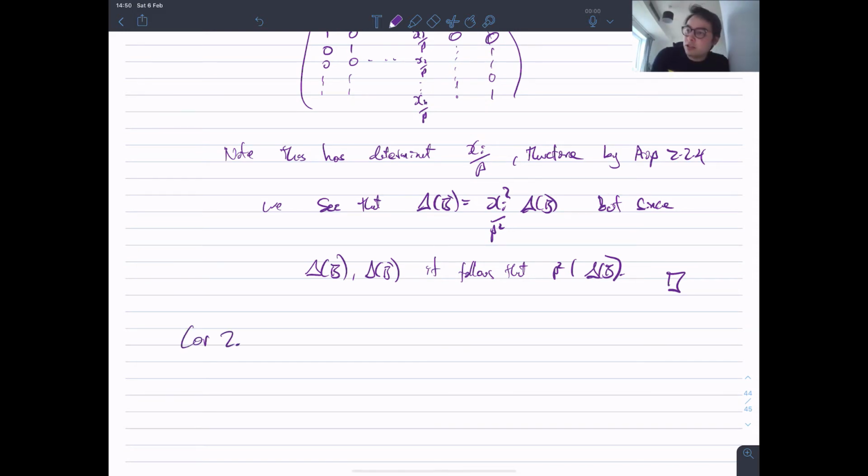So, 2.2.8: there exists an integral basis. So there exists a finite integral basis in K. I don't think the word finite should be needed because we're working with number fields.